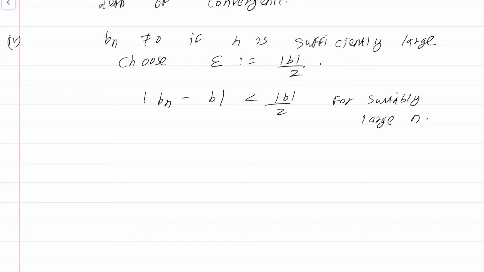Okay, then which means |b| − |b_n| is less than |b|/2. Figure out which inequality from lectures earlier I am using. Now this shows that |b_n| is greater than |b|/2 for sufficiently large n.